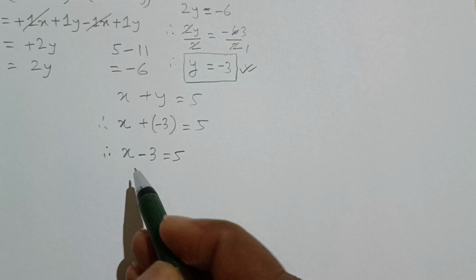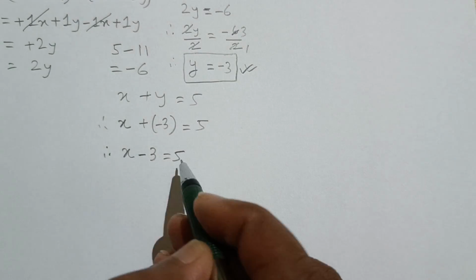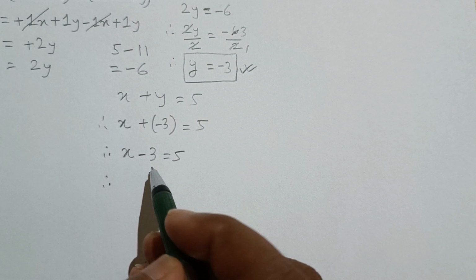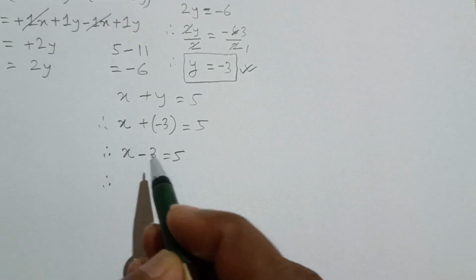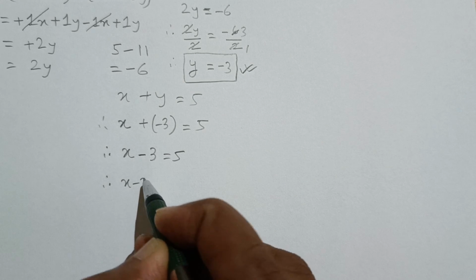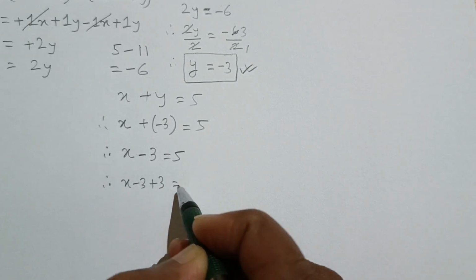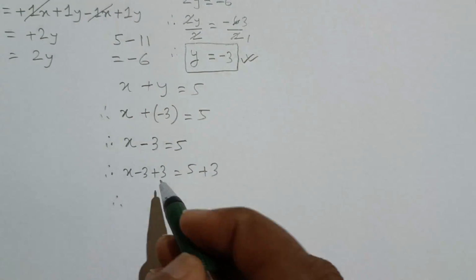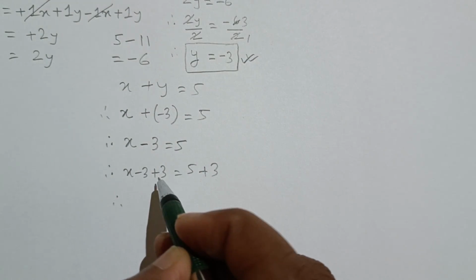And now this is a linear equation in one variable. So let us solve this to find the value of x. For that I will add 3 to both the sides of this equation. The left hand side is x minus 3 plus 3.